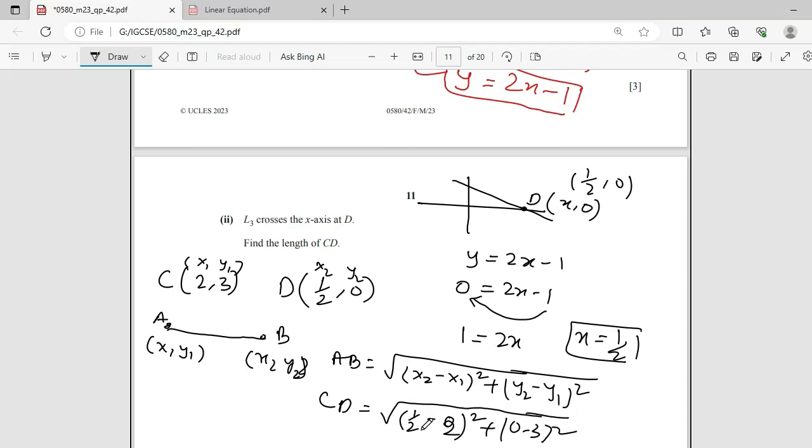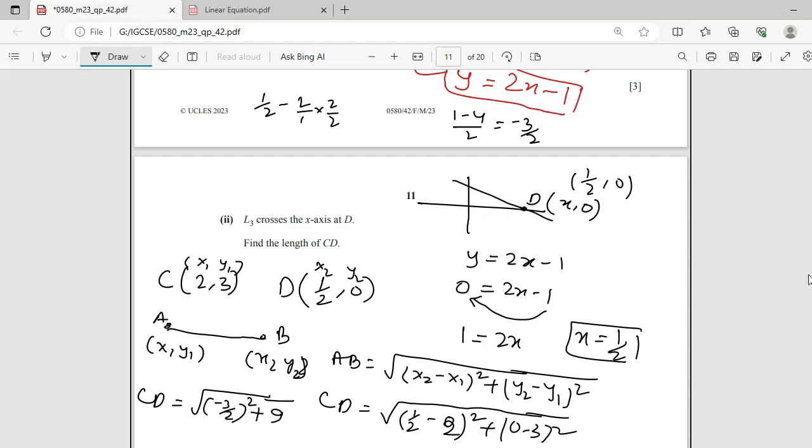Okay, half minus 2, if I try to solve, I will take the LCM, 2, so 2 into 2 is 4. I will write 1 minus 4 upon 2, which is minus 3 upon 2. So I am going to write minus 3 upon 2 whole square plus 0 minus 3, which is minus 3, and minus 3 square is 9.